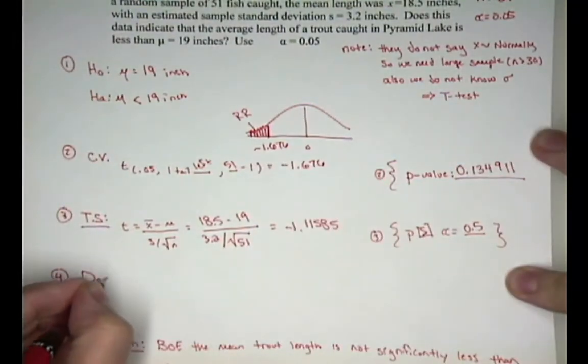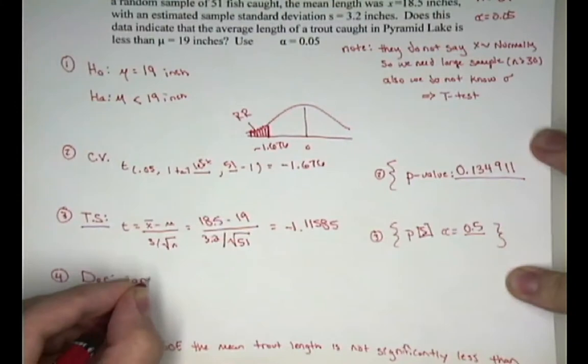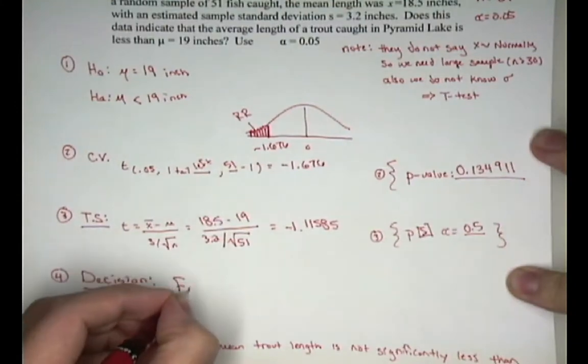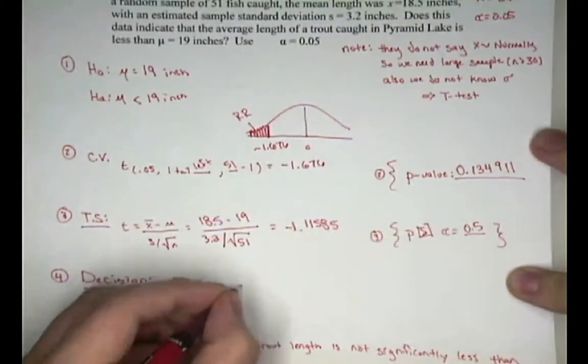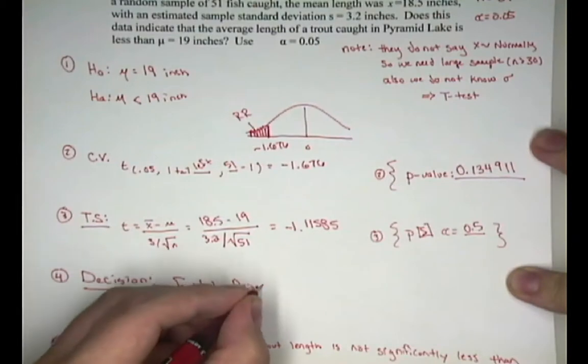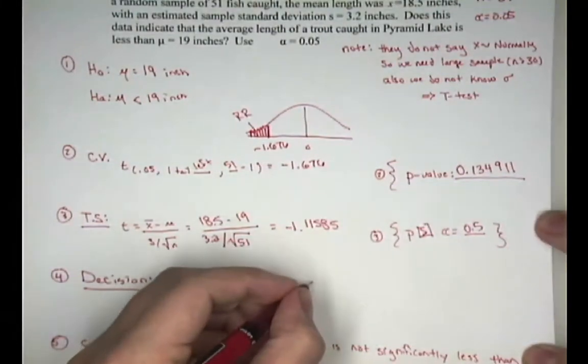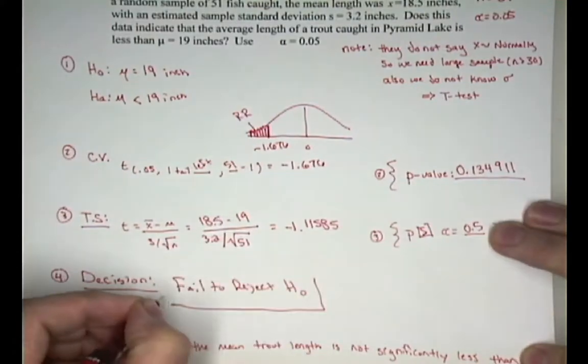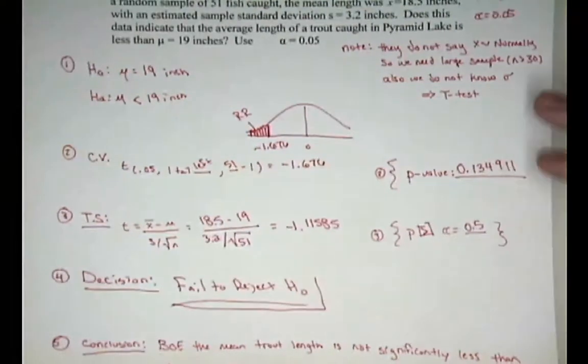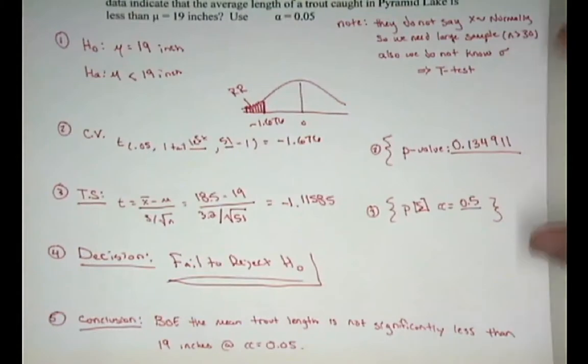So our decision is fail to reject H naught. Or do not reject. We prefer in statistics the wording fail to reject. Fail to reject H naught.